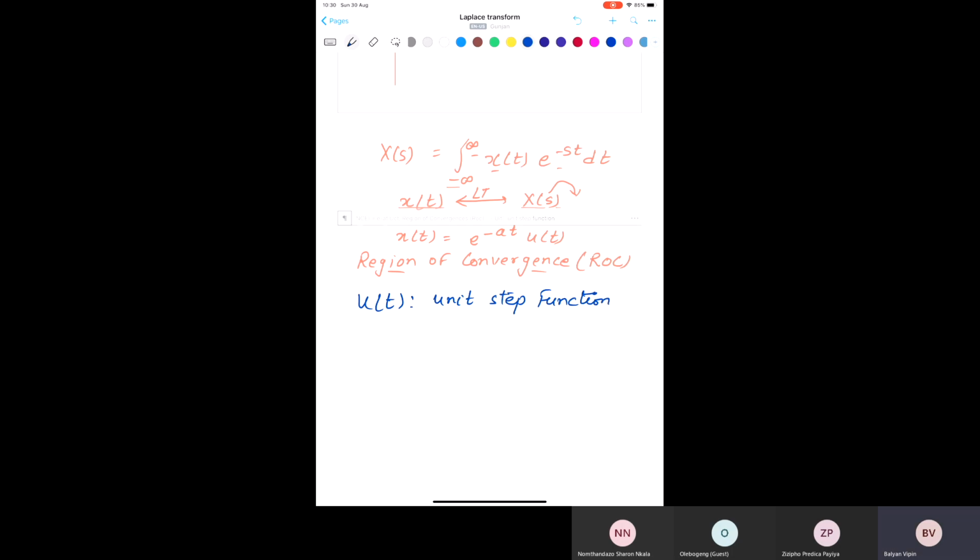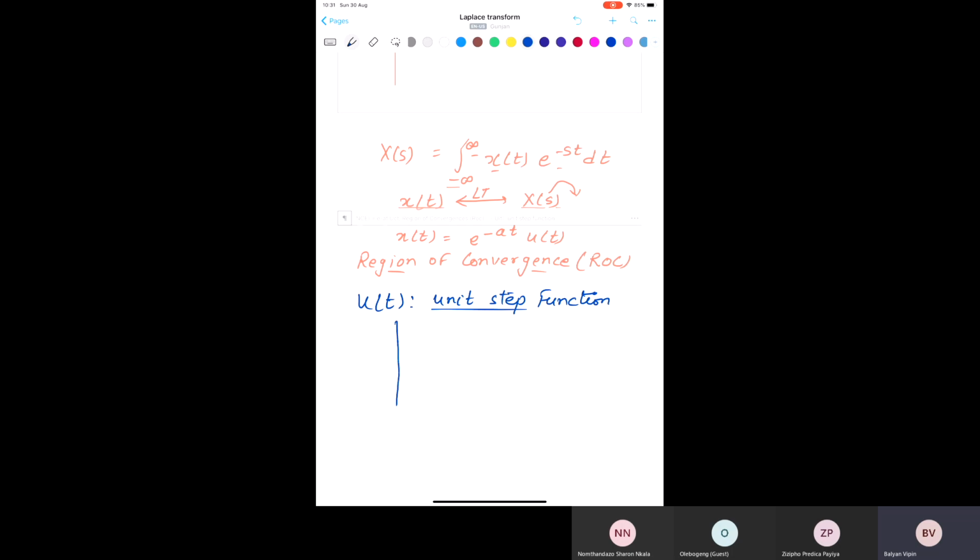Unit step function means that the signal has a unit amplitude and it is like a step, like we are taking steps when we go from, let's say, the ground floor to the first floor. So we are taking steps to go up.